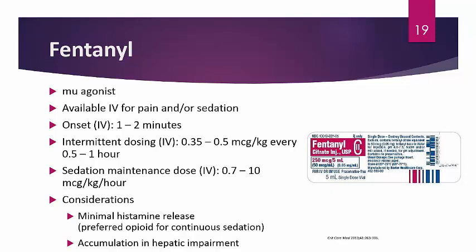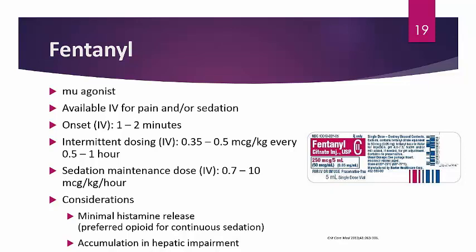So just keep that in the back of your mind. In regards to sedation maintenance dose, per weight, it's 0.7 to 10 mics per kilo per hour. Though in some settings, you may not exceed 300 mics per hour.